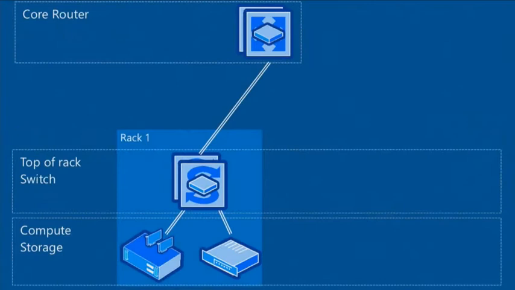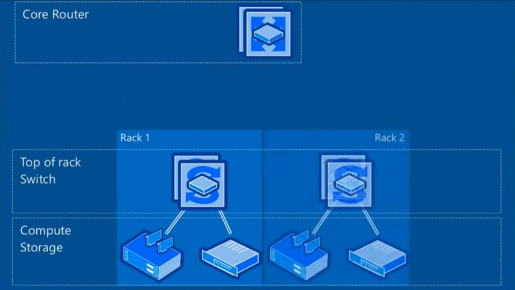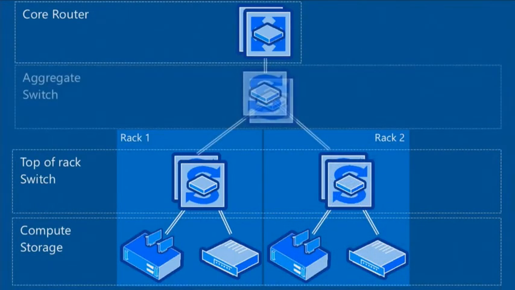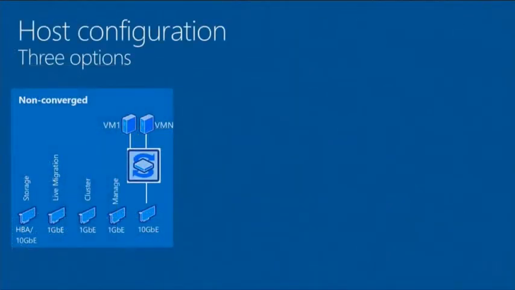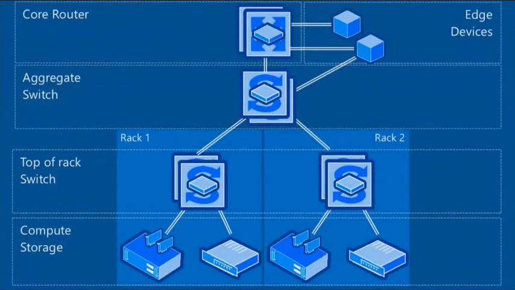So VLANing doesn't go away, it's minimized, but at the physical layer we're still going to have VLANs back there for those back-end networks. I'm going to reference those as I configure my logical network on the front end of this situation.